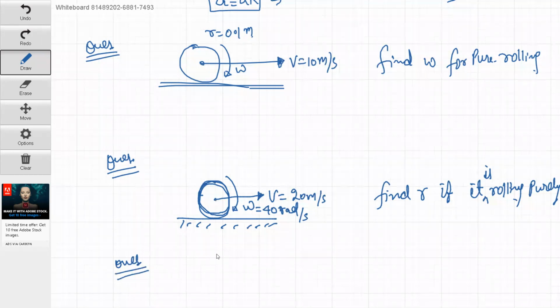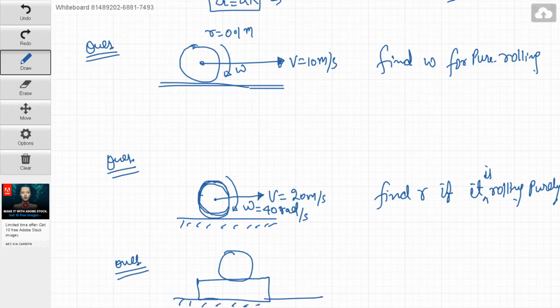Now, this plank is moving in this direction with 10 meter per second.